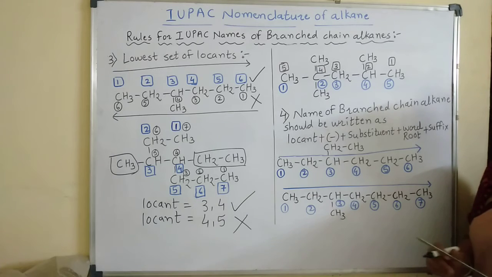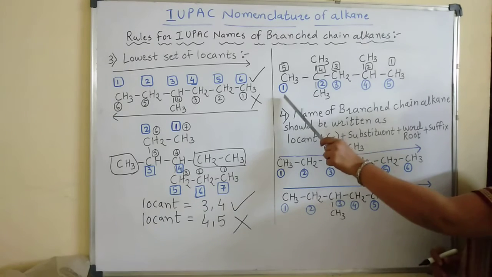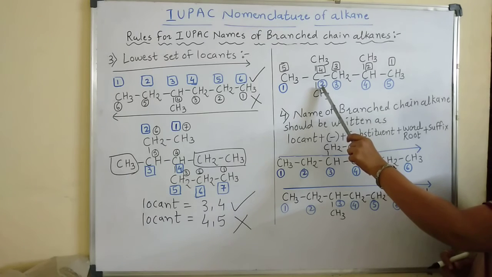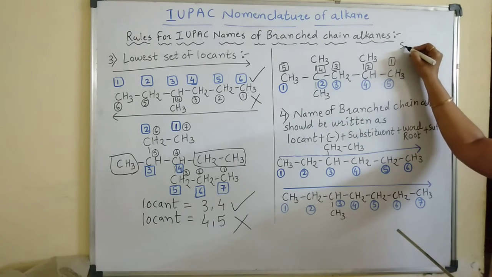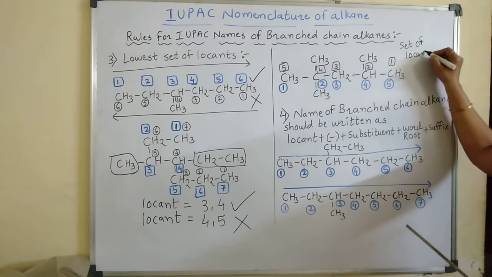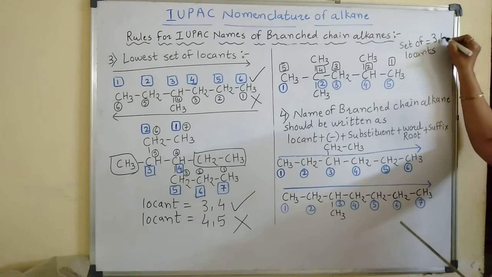If you check the substituent-carrying carbon, then going from left hand side to right hand side, the substituent-carrying carbons get the numbers 2 and 4. So the set of locants you are getting by this way is 3, 4.